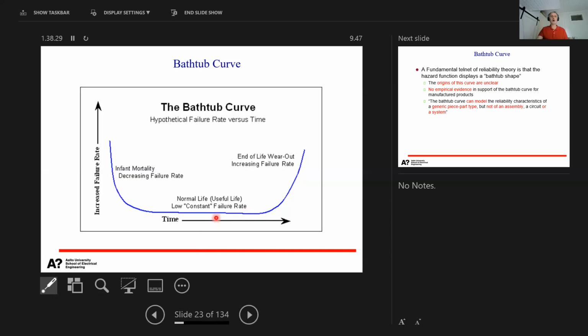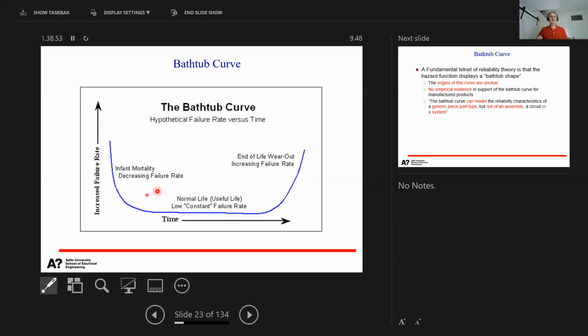Here we more consider that this is the probability of a failure of a component as a function of its lifetime. Here it's manufactured, and then the probability is first high, then constant, and then it starts to increase again.